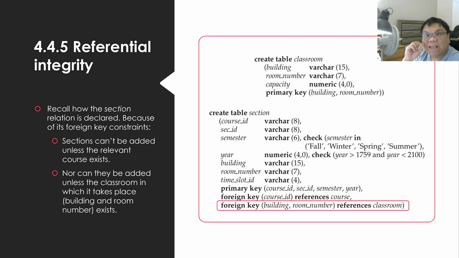So if, for example, we have a class section that takes place in a classroom, but we delete the classroom, what happens next? Well, depending on the course of action, we can either reset that classroom to a default classroom, or we can delete the class altogether, or we just don't allow that update to happen.